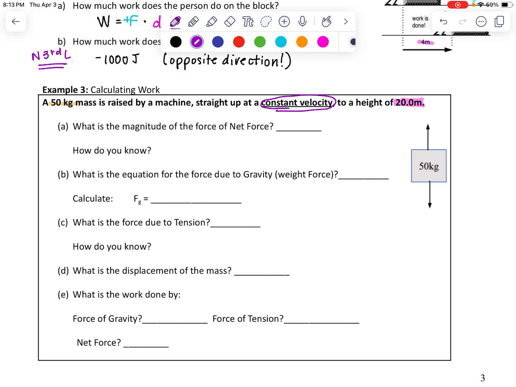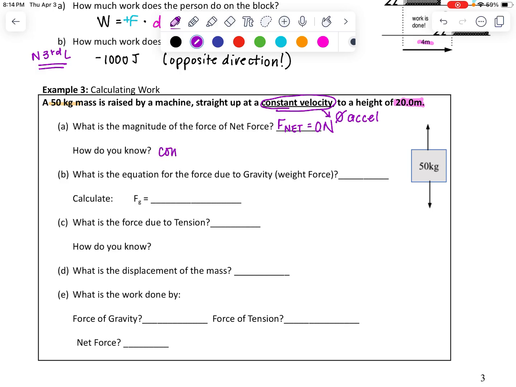Well, remember, constant velocity means zero acceleration. And if there's zero acceleration, that means my net force is zero. How do I know?